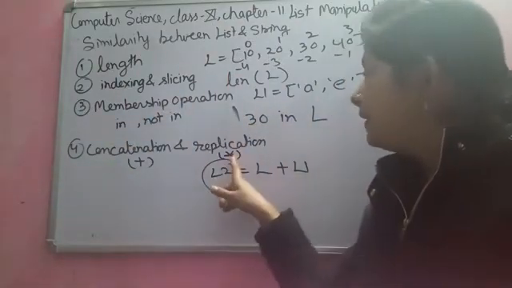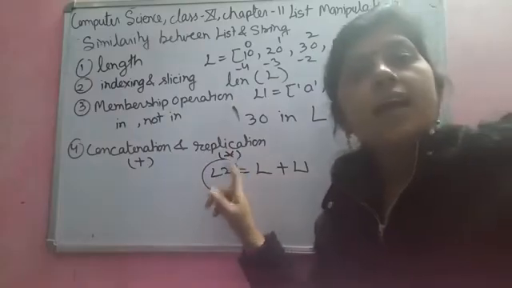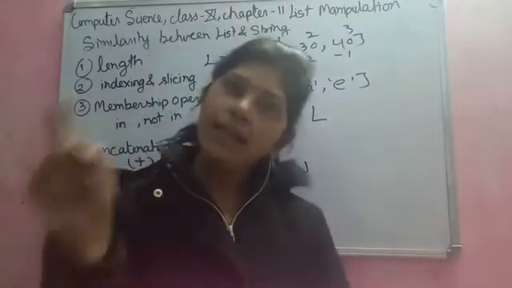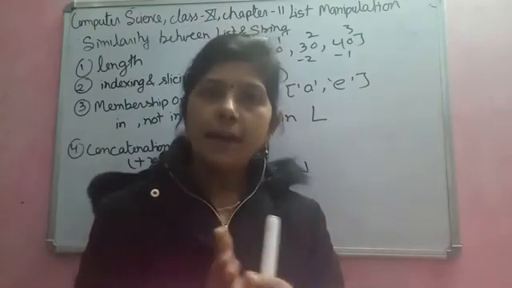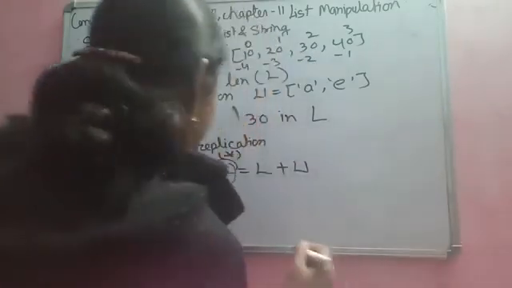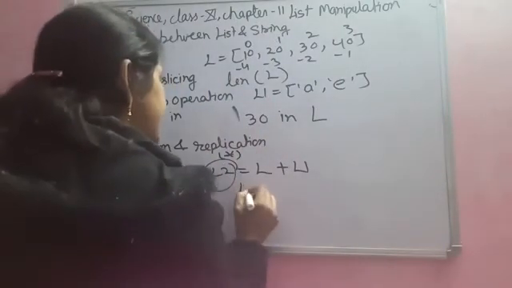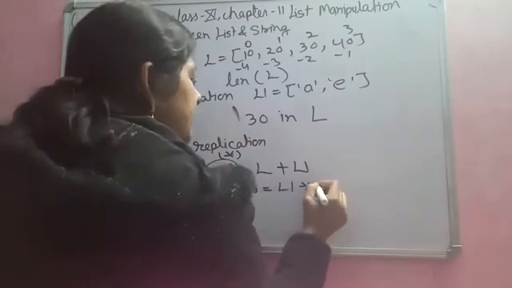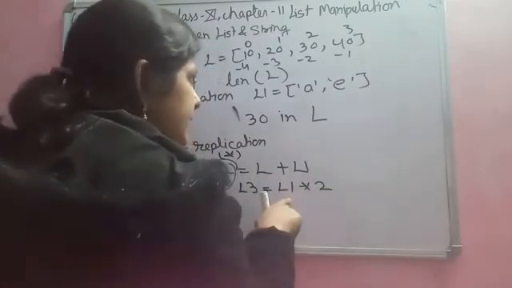Right? Multiply, or can say a replication operation, takes a list and a number and replicates the list that number of times. Means if you are writing L3 is equal to L1 multiplied by 2. What is L1?